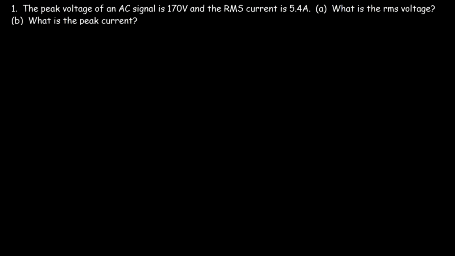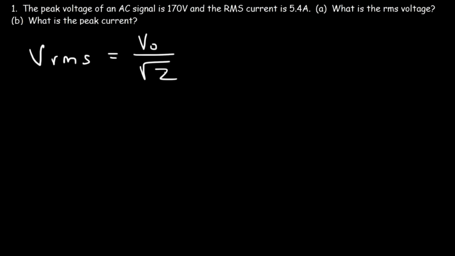Now let's work on some problems. Number 1, the peak voltage of an AC signal is 170 volts. And the RMS current is 5.4 amps. What is the RMS voltage? What is the peak current? To calculate the RMS voltage, it's simply equal to the peak voltage divided by the square root of 2.